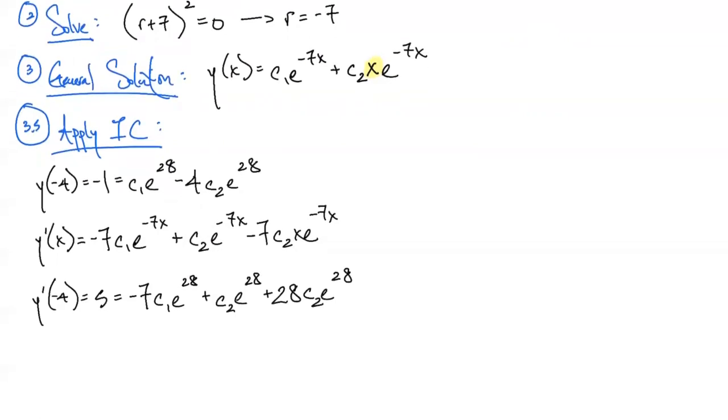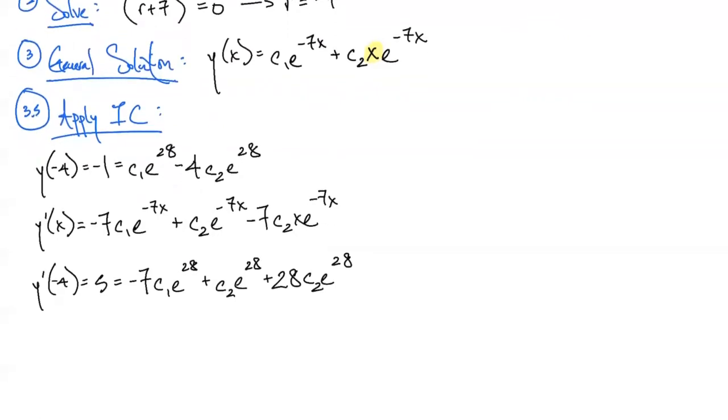Now I couldn't combine any terms before I subbed in some numbers, but after, I can actually turn this into -7 c1 e to the 28 plus 29 c2 e to the 28.